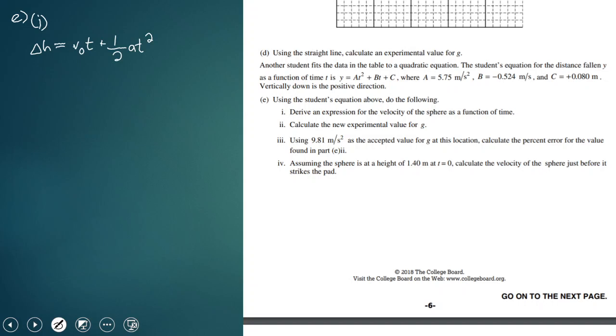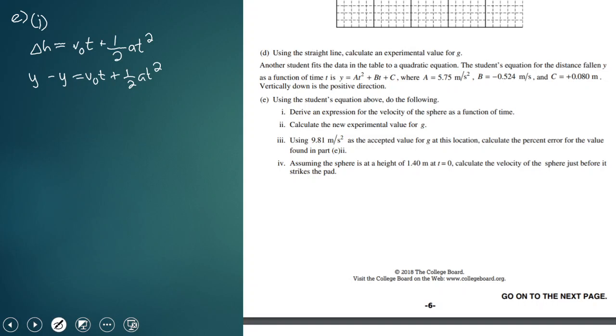Except what you can do now is our delta H is going to be Y. So it's going to be Y2 minus Y1, equal to V naught T plus 1/2 A T squared. And so I should write Y minus Y naught. That's the traditional way of writing this.